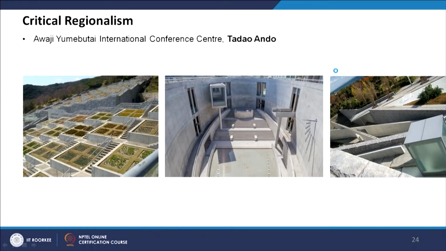And this is another example, the Awaji Yumebutai International Conference Center by Tadao Ando. Here within the building you will see the geometric elements which create the design. But from outside, this is the terrain land.